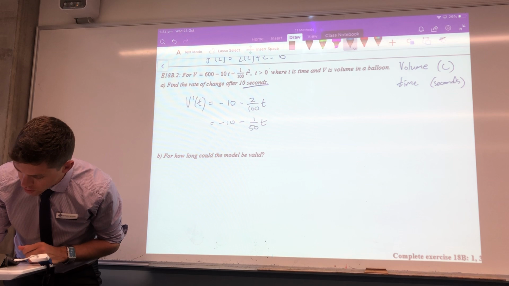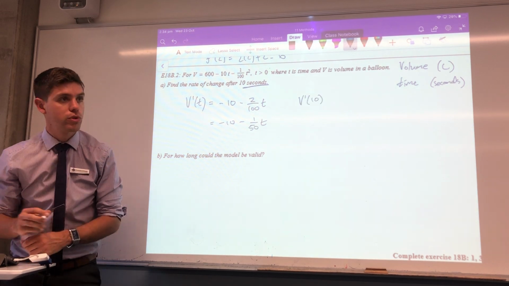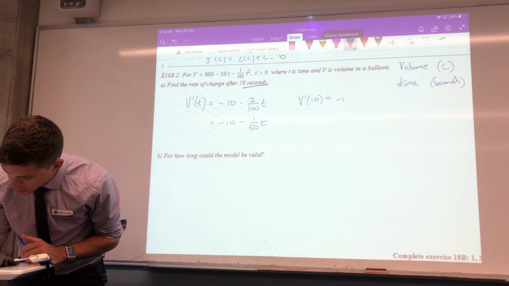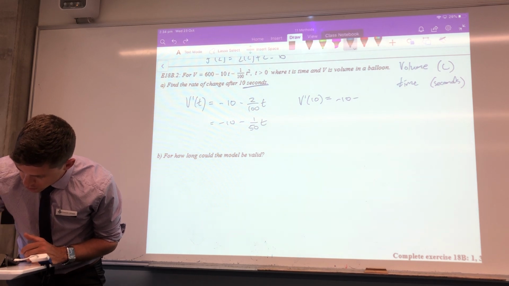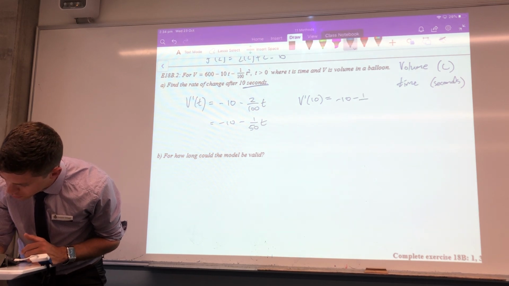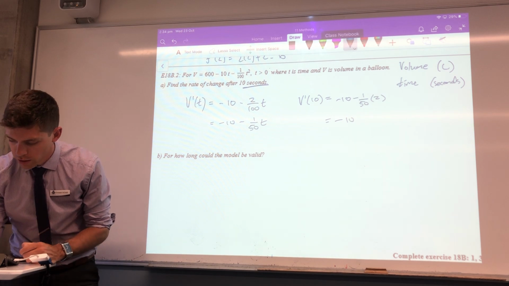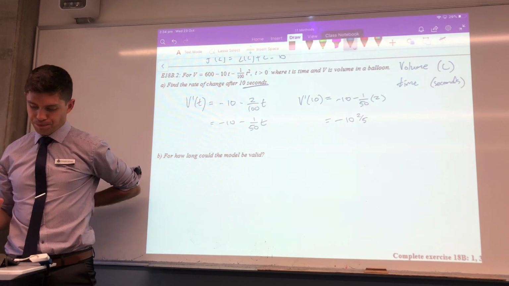So we substitute t equals 10 into our derivative function for V: negative 10 minus 1 over 50 multiplied by 10, or negative 10 and 2/5.